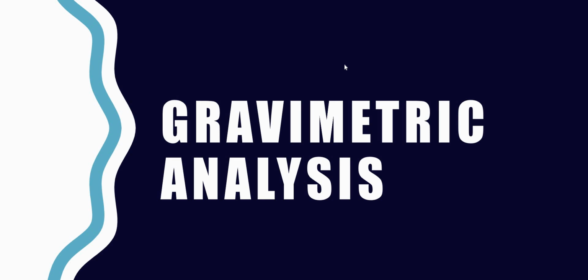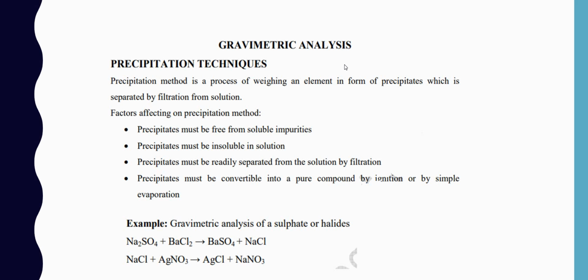Next is gravimetric analysis. This we will also see in short. In gravimetric analysis, first are the precipitation techniques. Gravimetric analysis also involves formation of a precipitate. The precipitation method is a process of weighing an element in the form of a precipitate which was separated by filtration from solution. Basically, we weigh the amount of precipitate that we get from the reaction.